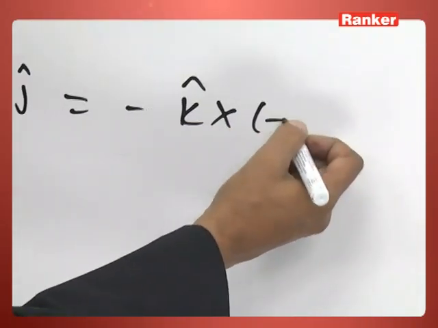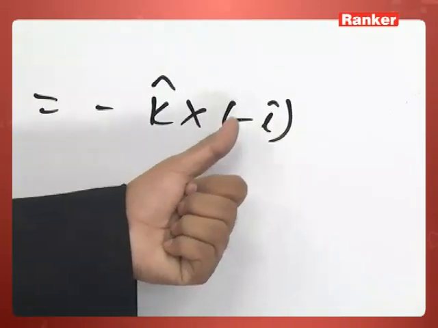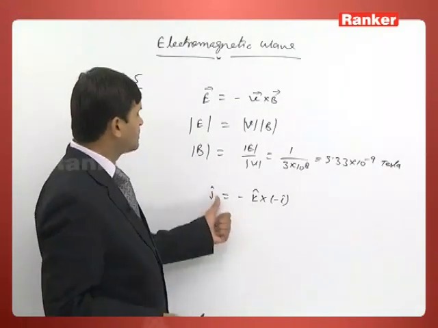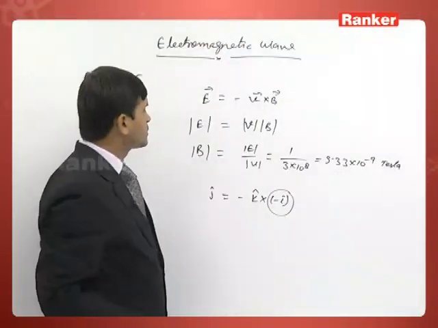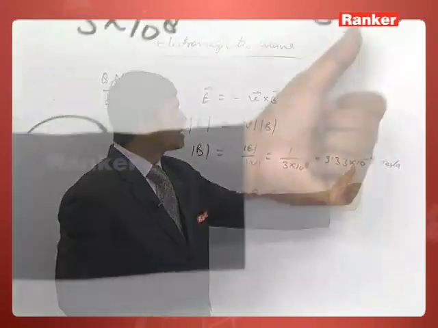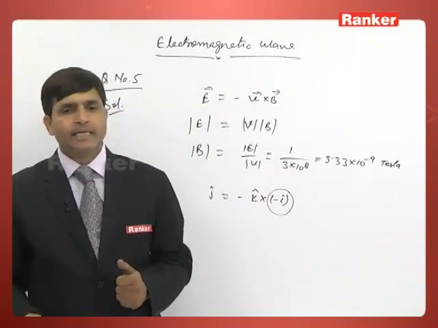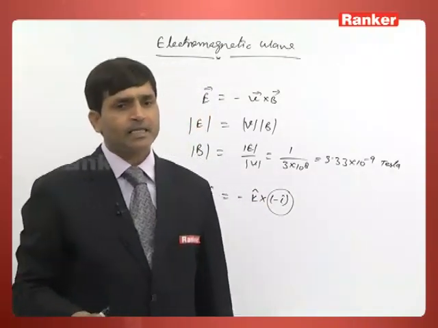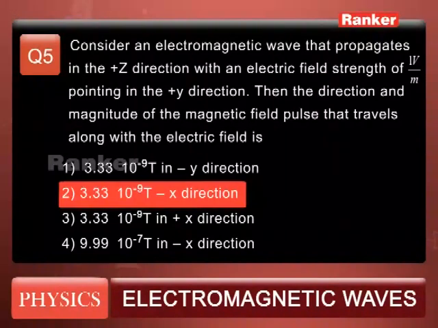So here it should be minus i cap. So k cross minus i cap will give you j cap. So this is the direction of vector B. So the answer is: the magnetic field is 3.33 × 10^-9 Tesla propagating along the negative x direction. So our correct option, option number 2, is the correct option.